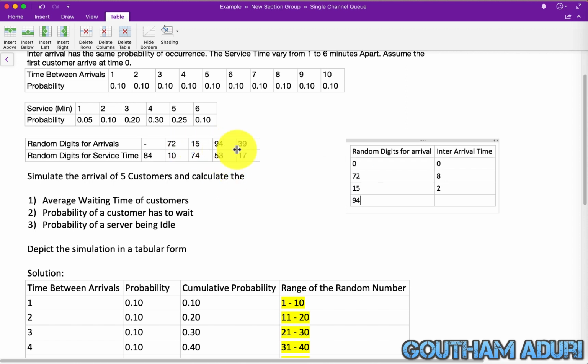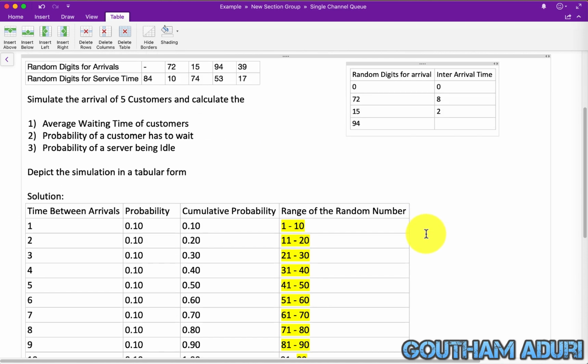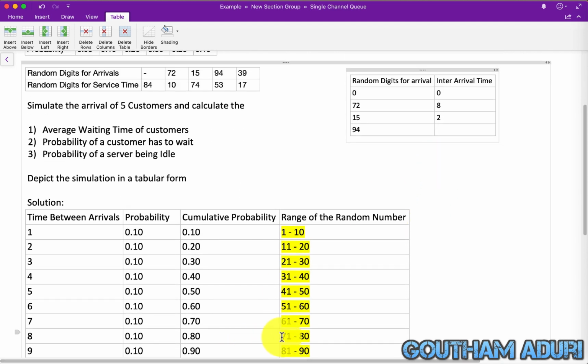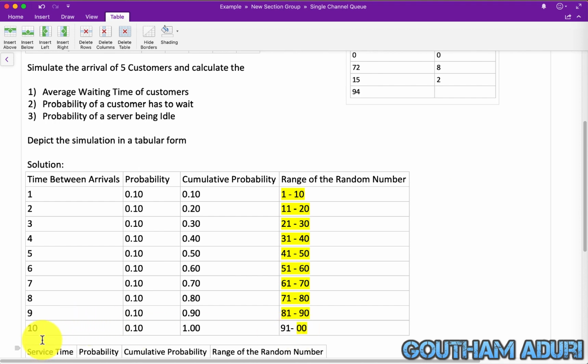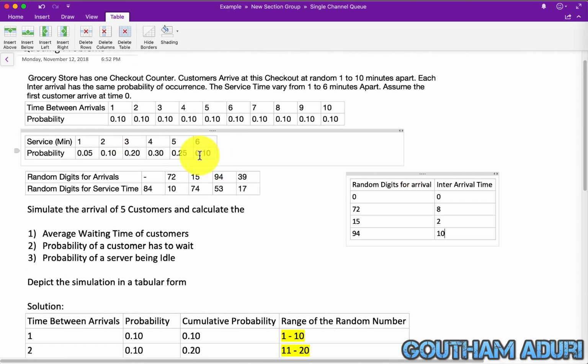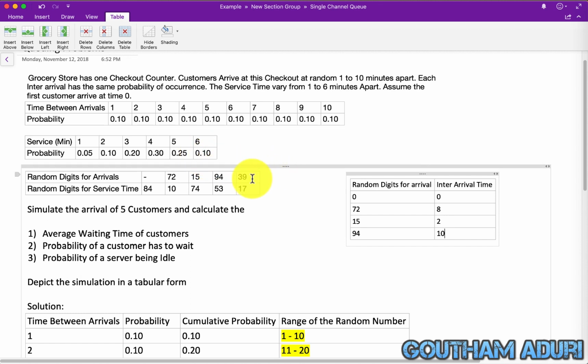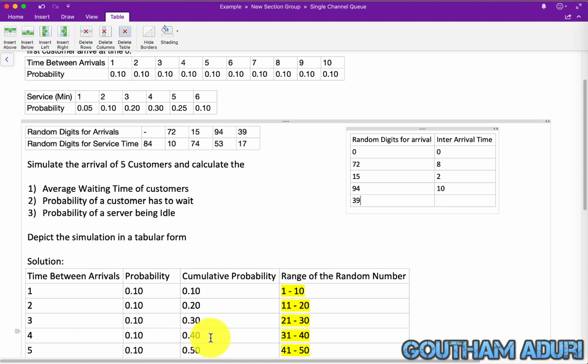So 94 is in the range of 91 to 00, the time between arrivals is 10. And the next one is 39. So 39, the range is 31 to 40, 4 minutes.